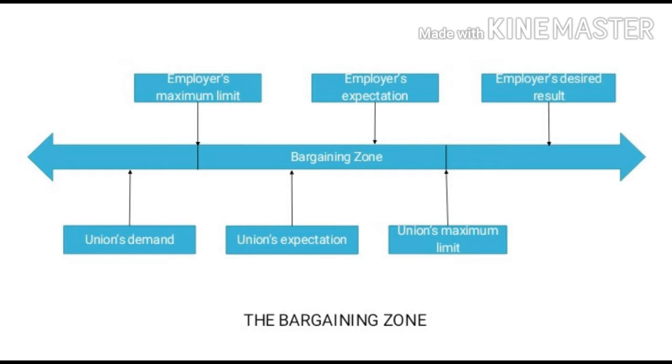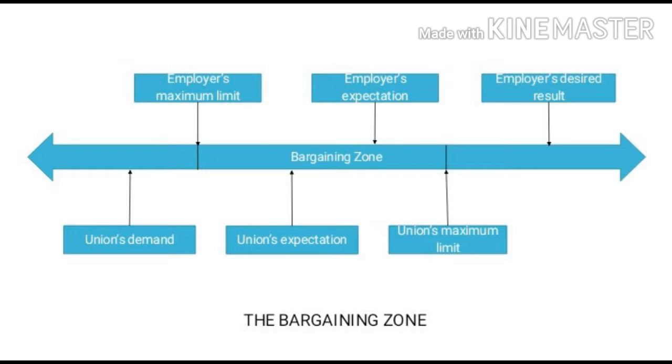On the other side of the table, the labor union also defines a bargaining zone for itself that includes three points. First is the union's minimum acceptable limit on what it will take from the management.